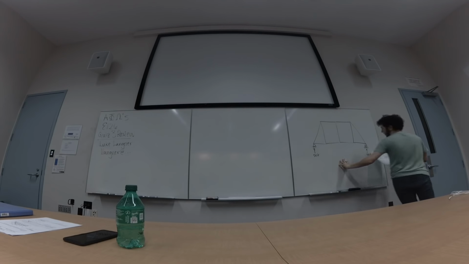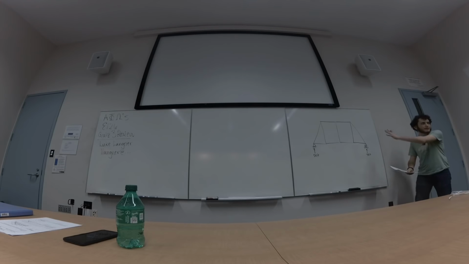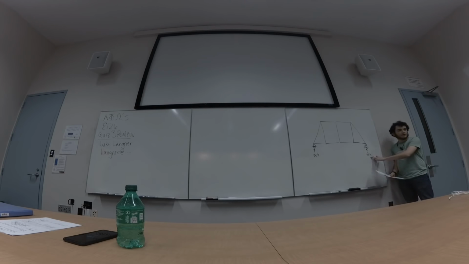Sorry, I'll try not to stand in front of it as I draw. Is this big enough for everyone? Can everyone read the numbers and everything? See the figure? K is kips. I'm just too lazy to write that out every time. So K is kips.